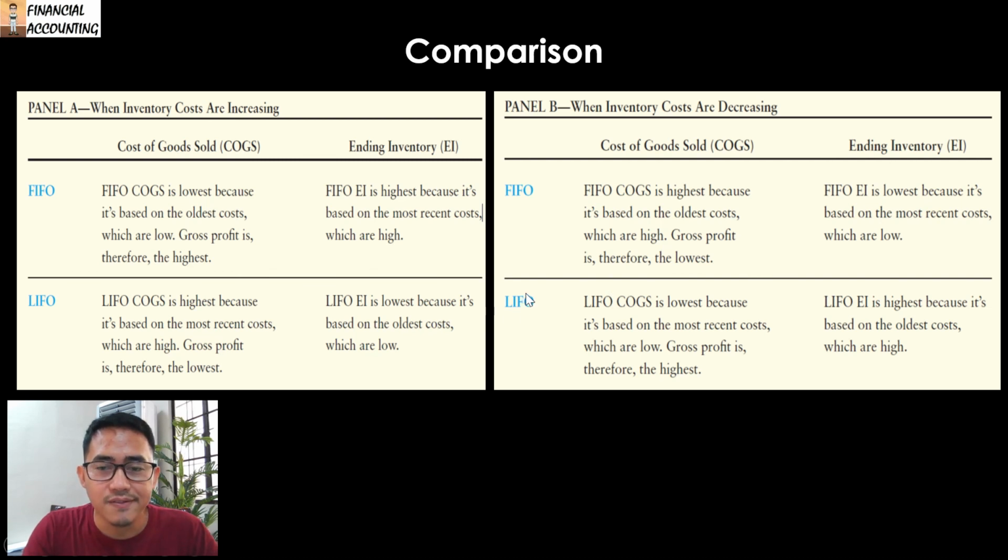If we use LIFO, or last in, first out, our cost of goods sold is lowest because we are using the latest price, and our latest price is decreasing. And our ending inventory is at its highest because we are using the early price. That's why we have the highest ending inventory.